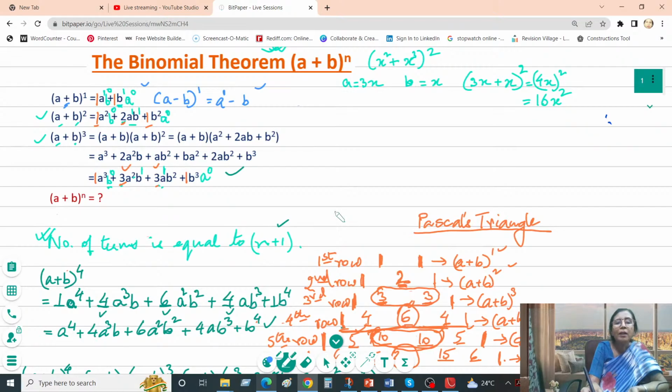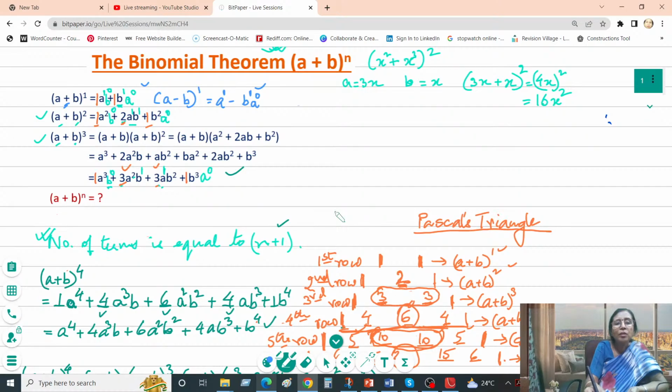The b's power is starting with 0, that's why it is not visible in the first term. Next, the power of a goes on decreasing in steps of 1 and the b's power goes on increasing in steps of 1. So the second term is having b to the power of 1 and the a's power is 0. Clear?